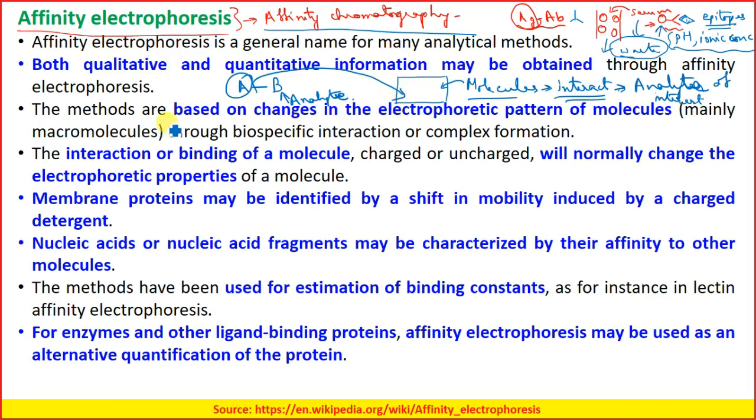Once this is done, you can perform the normal gel electrophoresis, and you will find that due to the binding ability, these analytes move to a certain extent, and usually the higher the concentration of the analyte, the longer the distance traveled by the analyte within the gel. So this is the basic fundamental of affinity electrophoresis.